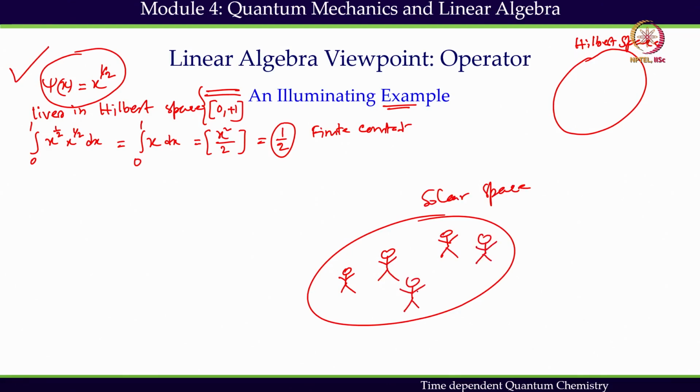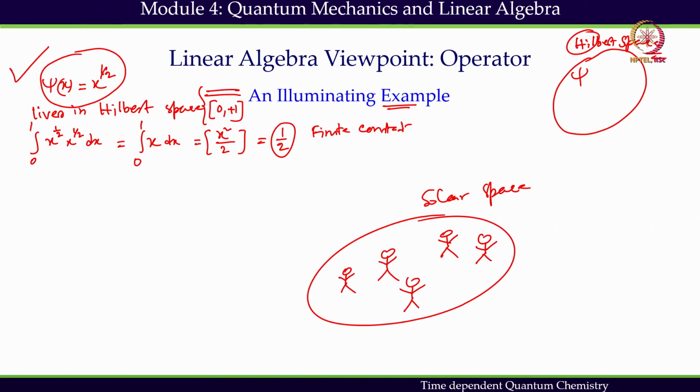They have 2 hands, 2 legs, 1 head. Similarly, in this mathematical space, the Hilbert space, if one wave function is sitting here, then it will follow the property of the Hilbert space, and that property is something we are actually using in quantum mechanics. So, that is the connection between quantum mechanics and linear algebra.